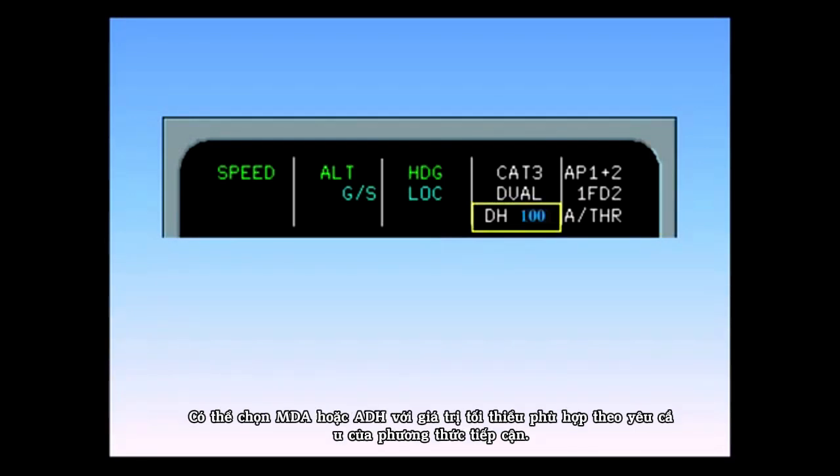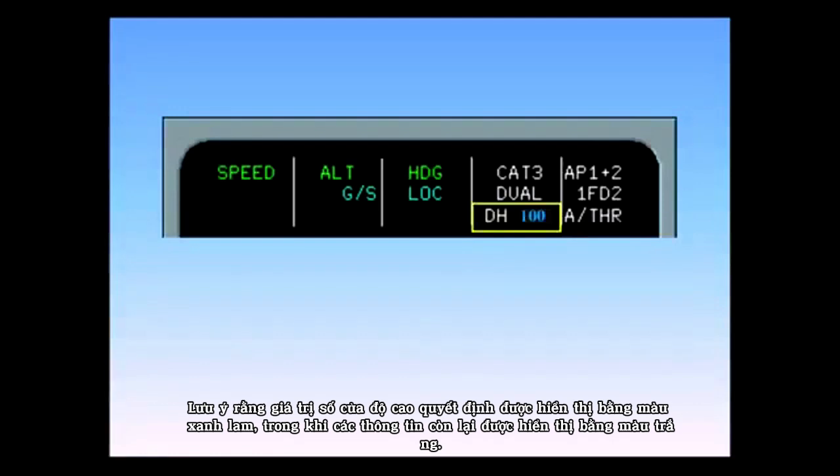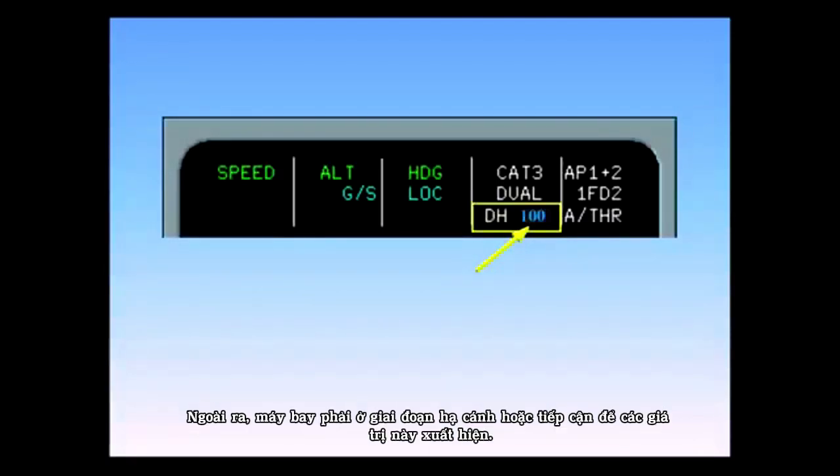Either an MDA or a DH with the appropriate minimums may be selected as required for the approach. Notice that the numerical value of the decision height is displayed in blue, while the rest of the information is displayed in white. Also, the aircraft must be in either the descent or approach phase for these values to appear.